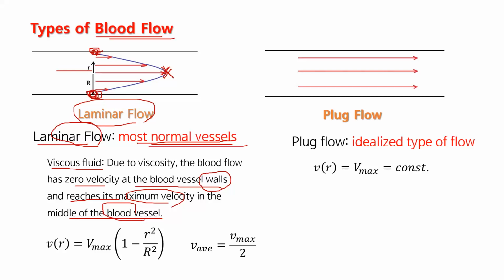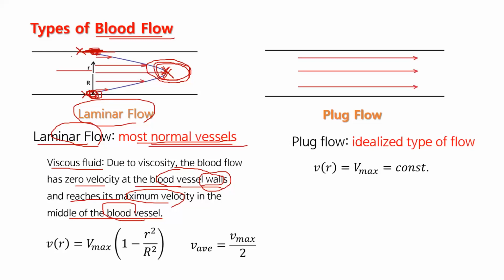Near the blood vessel walls, the blood has viscosity due to the walls, so the velocity of the blood is zero on the blood vessel walls, and at the center of the blood vessel, viscosity is minimum, so you can see the maximum velocity of blood flow.